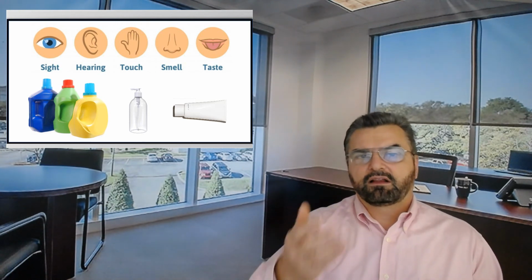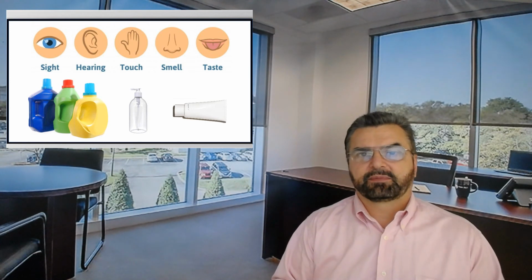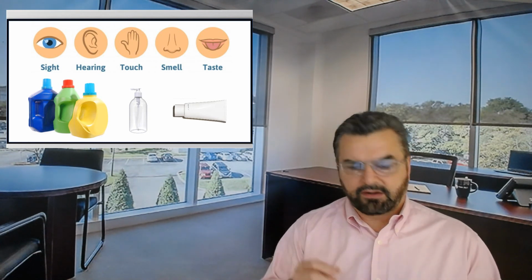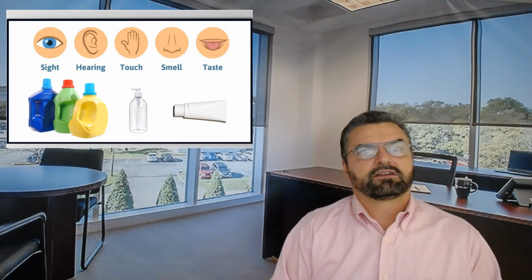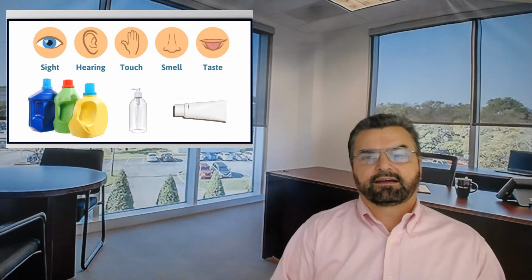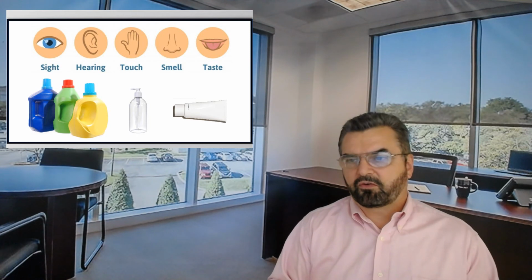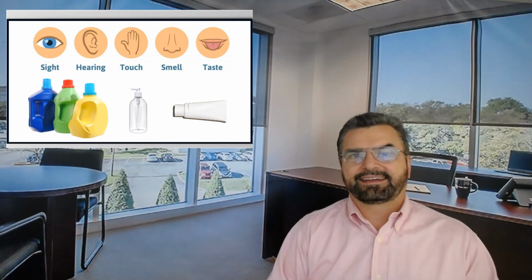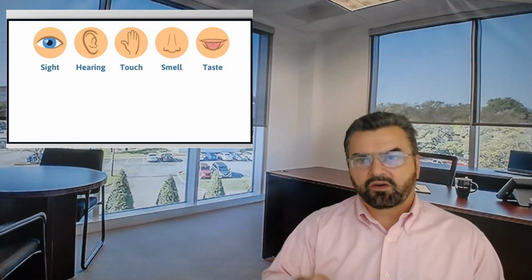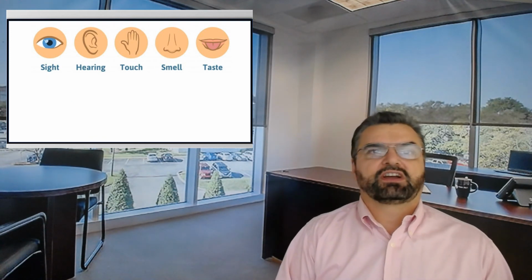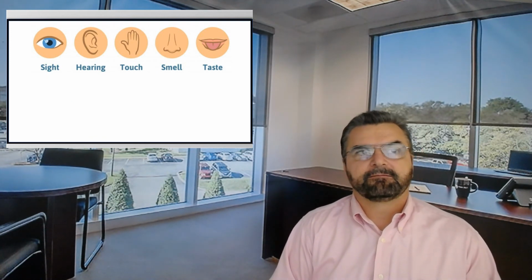Does it smell the way you would expect it to smell? But they don't cover hearing or taste. So for hearing, could you add a low volume alarm sensor for those pump style containers? One way to create differentiation for your version of the product.